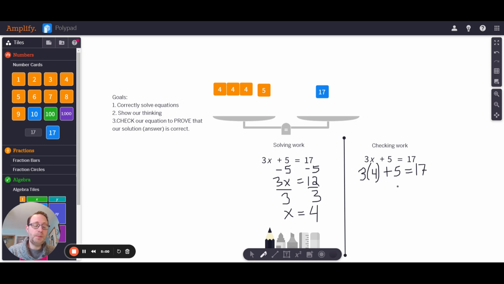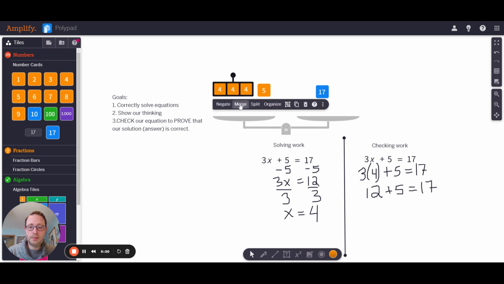So now I'm going to simplify it until it becomes really obvious in the equation that it's true. So 3 times 4 is 12. I'm just going to do that one thing. Okay. And we can see it over here.